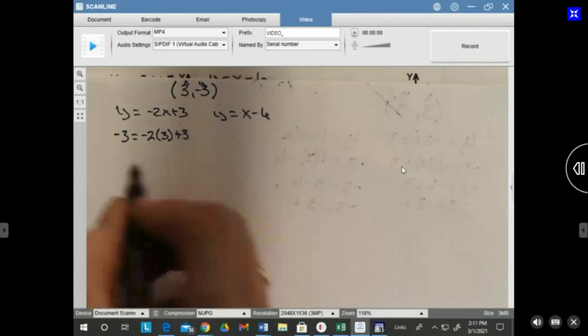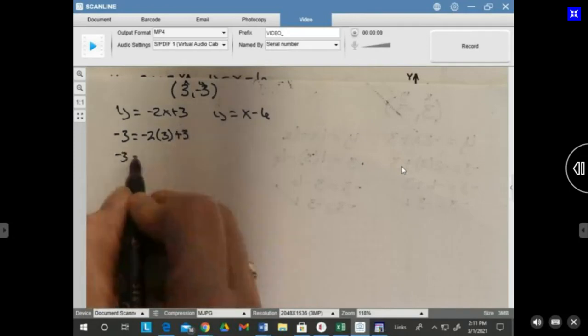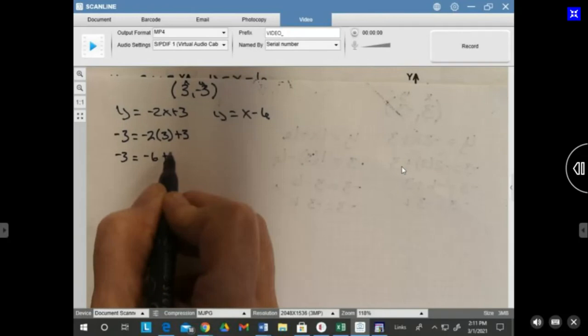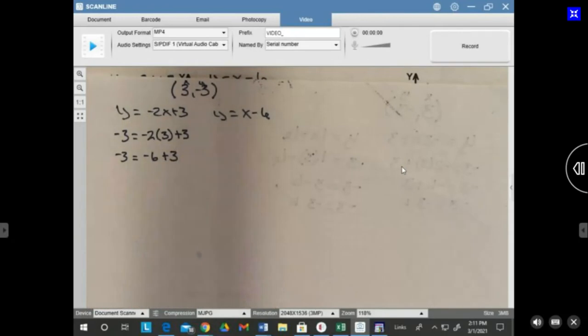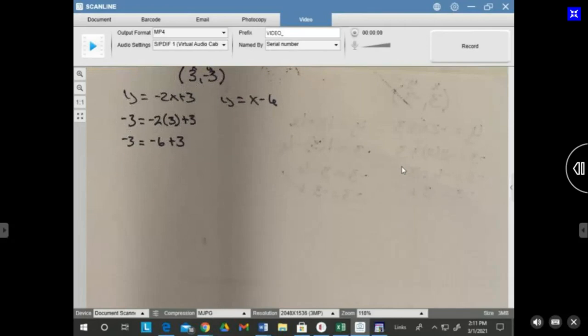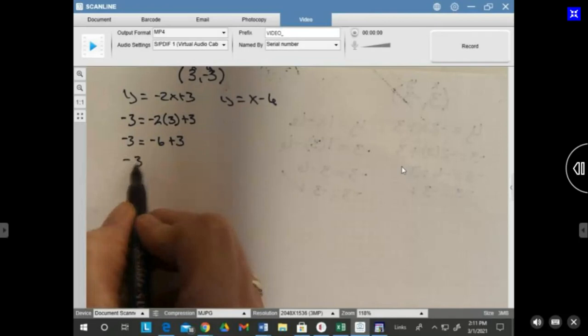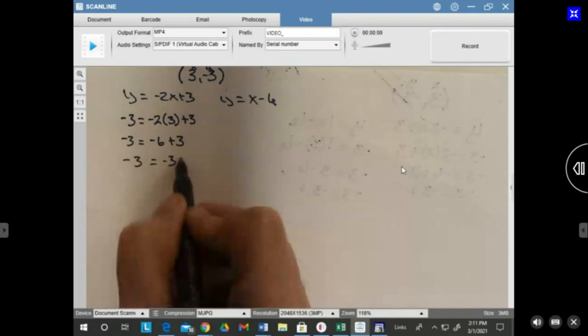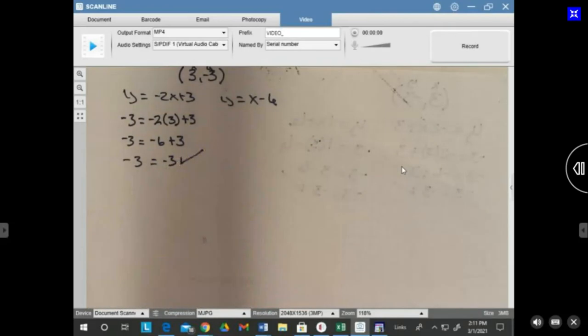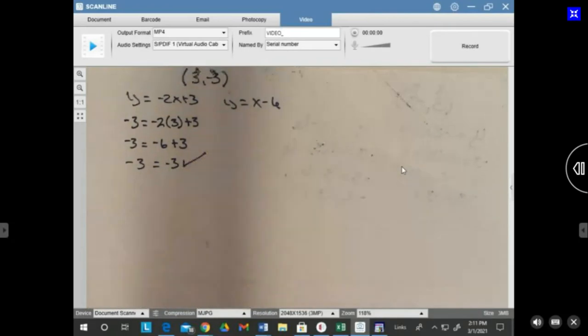So -3 equals -6 plus 3. All right, what's -6 plus 3? -3. So does -3 equal -3? Check.